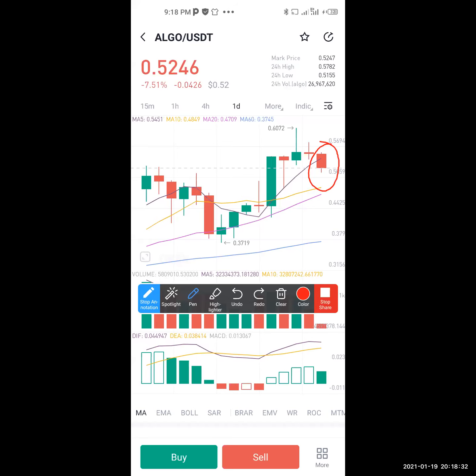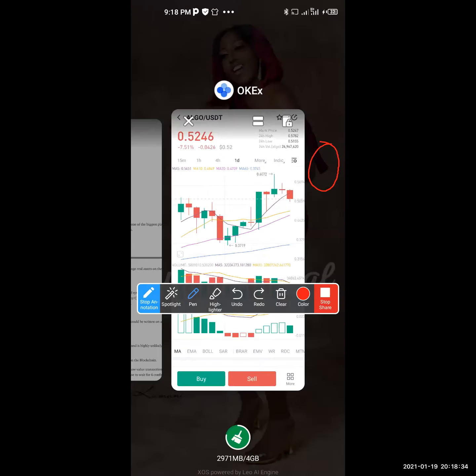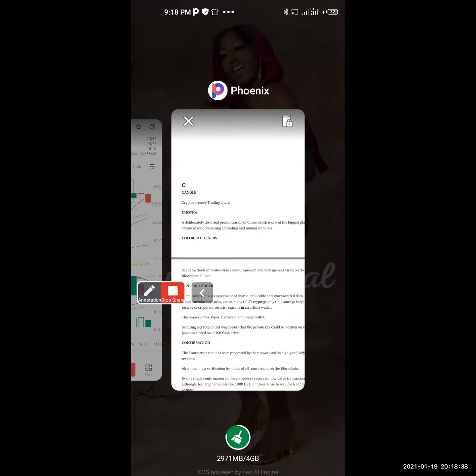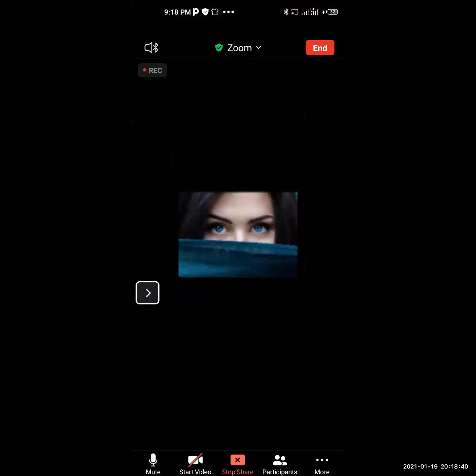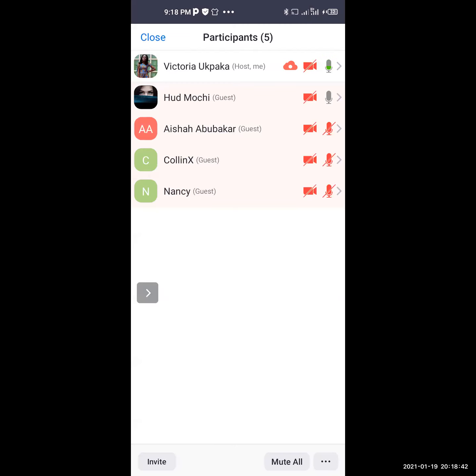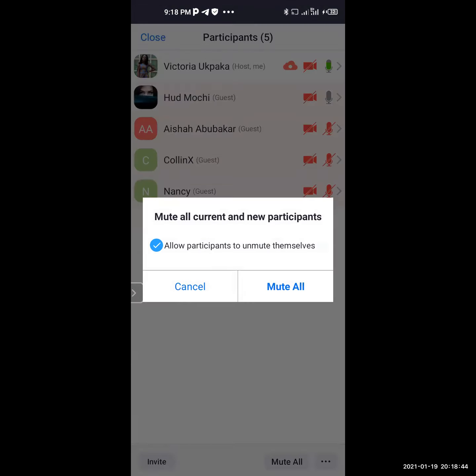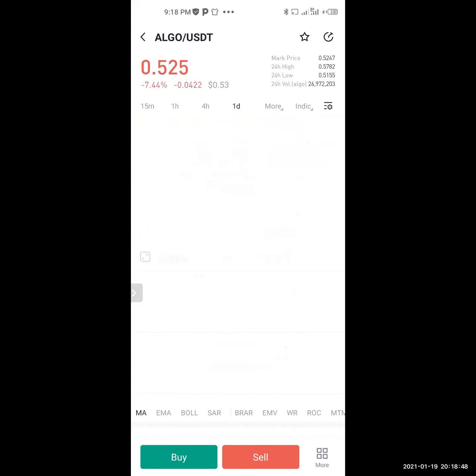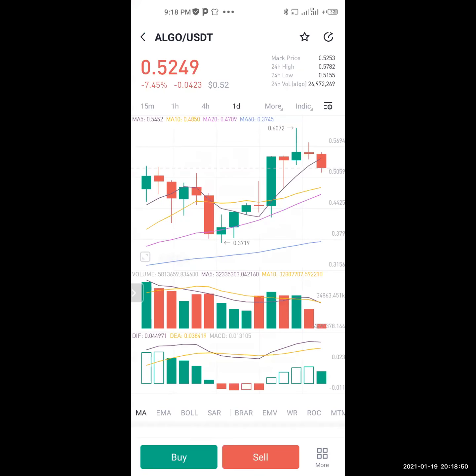Like I said, the red candle shows bearish, and that top part of the candle shows the price at which the coin started dropping before it then dropped to this price.